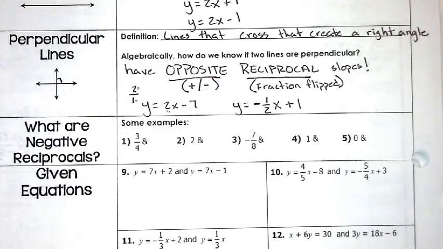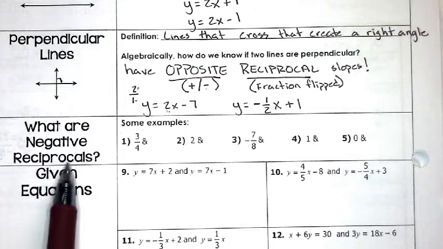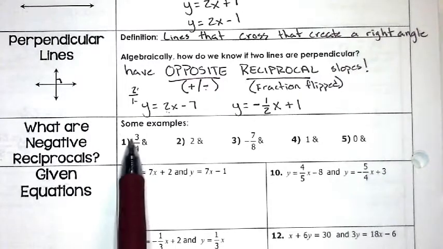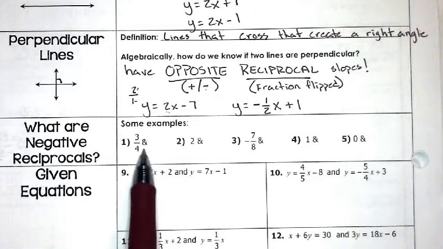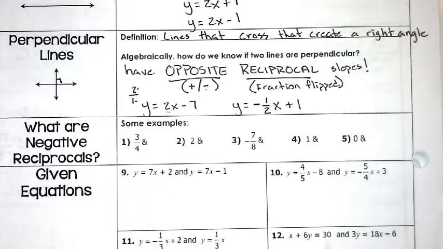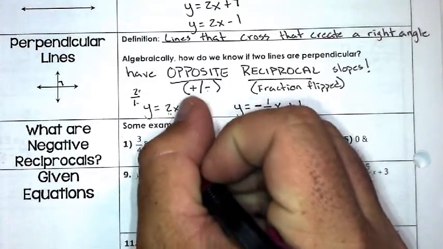Now, negative reciprocals, that's just when your reciprocal becomes a negative. So if 3/4 is my original, negative reciprocal, aka perpendicular slope, would be negative 4 over 3.